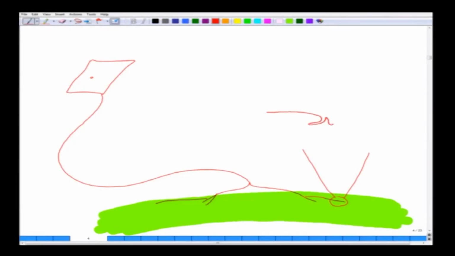These are the nerve endings which I am drawing now, and these are the muscle membrane, like this.